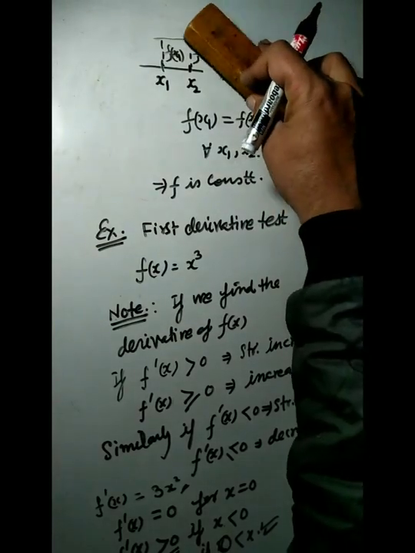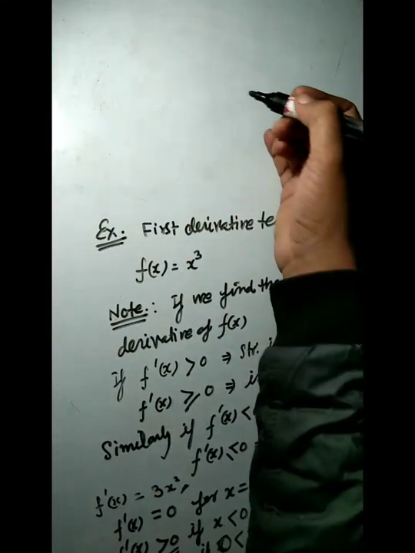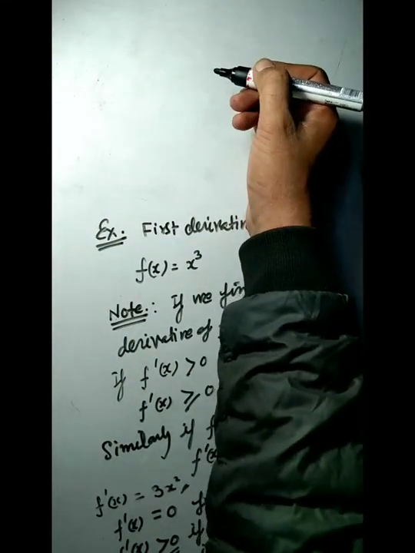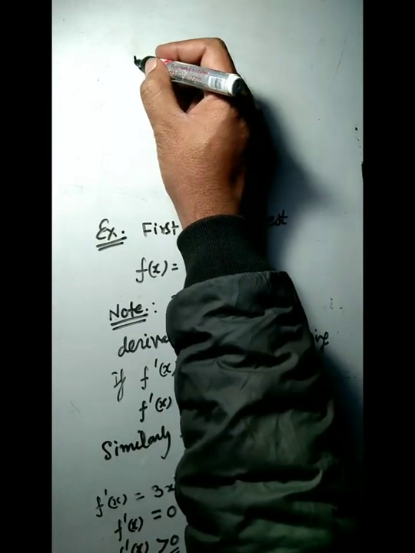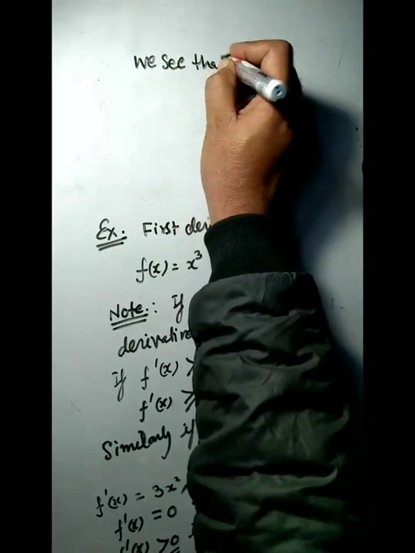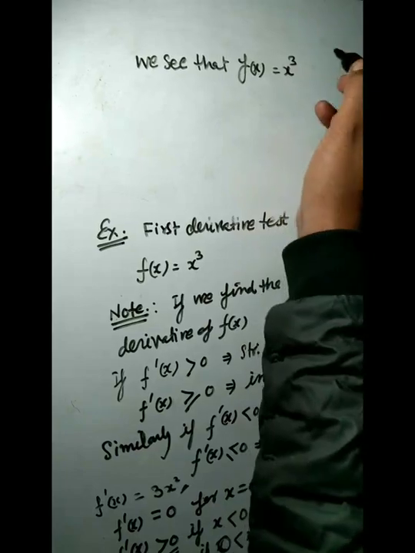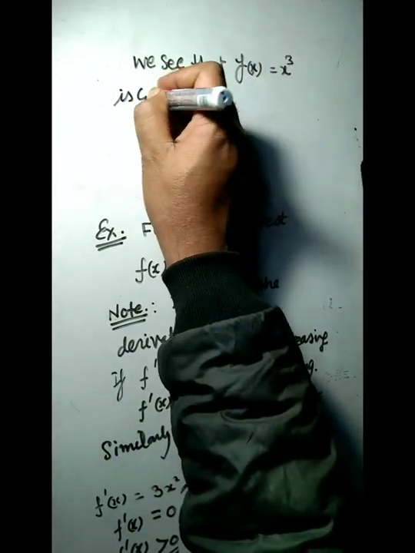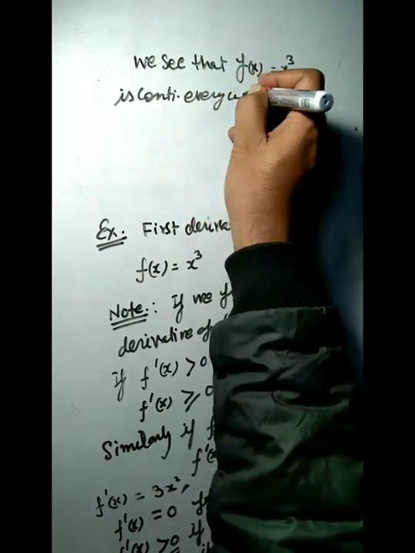So we can see this function, we see that function fx equals x cube is continuous everywhere.